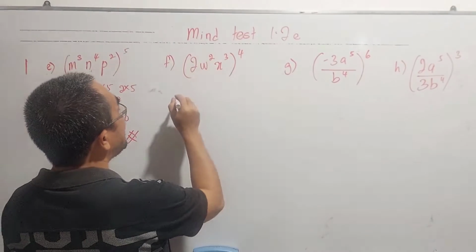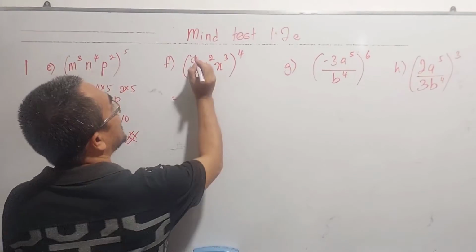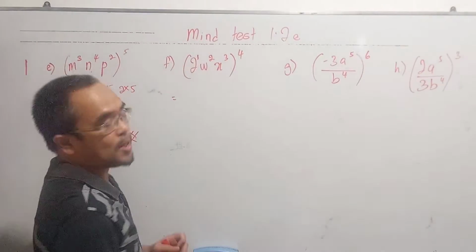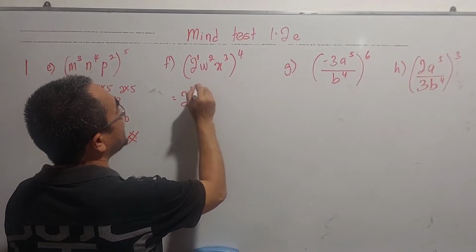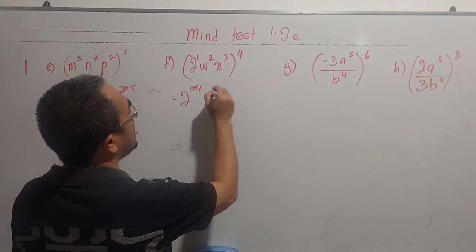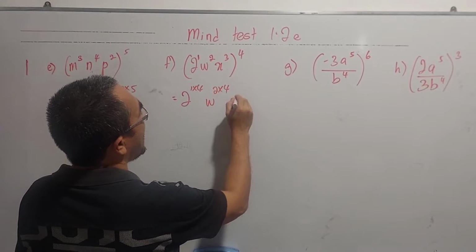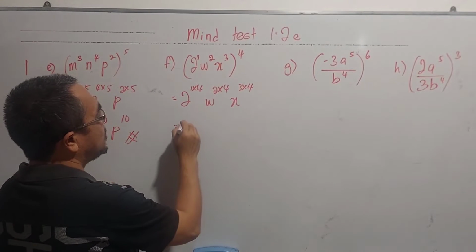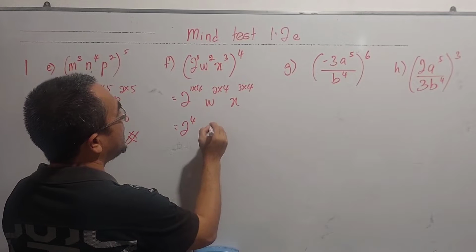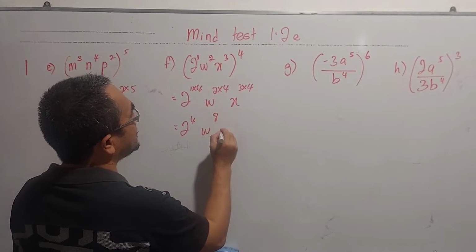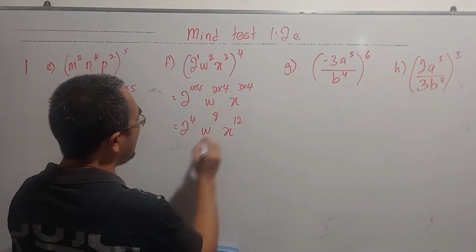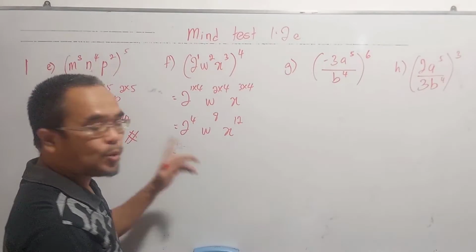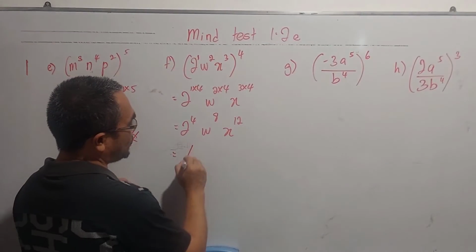Now, if you have a number without any power, it is actually to the power of 1. So 2 to the power of 1 times 4, W to the power of 2 times 4, X to the power of 3 times 4. So we have 2 to the power of 4, W to the power of 8, X to the power of 12. And usually for a small number, 2 to the power of 4, we can change it to 16.